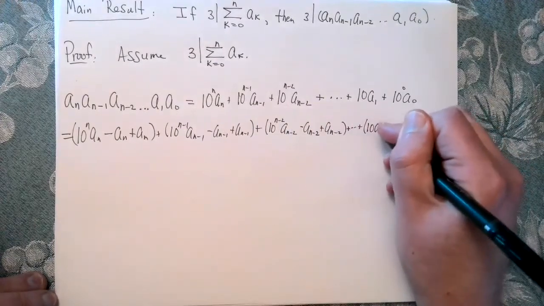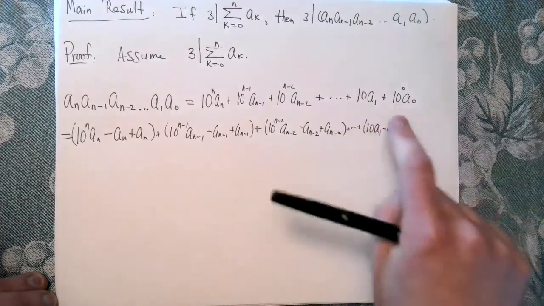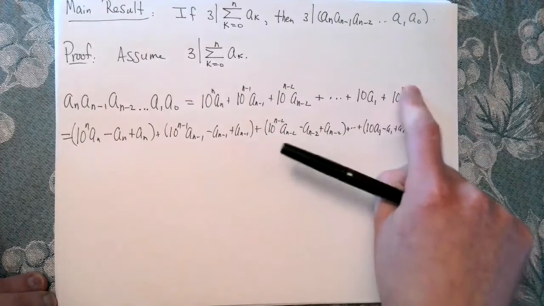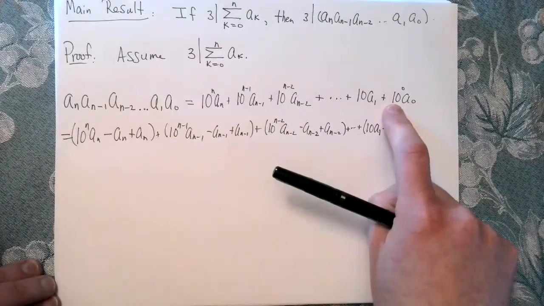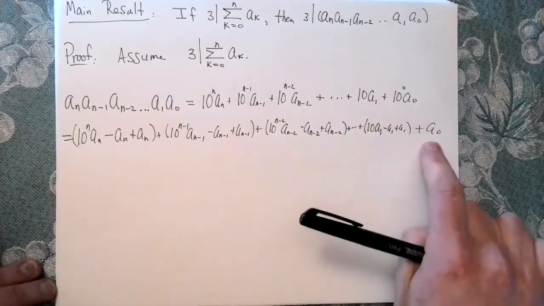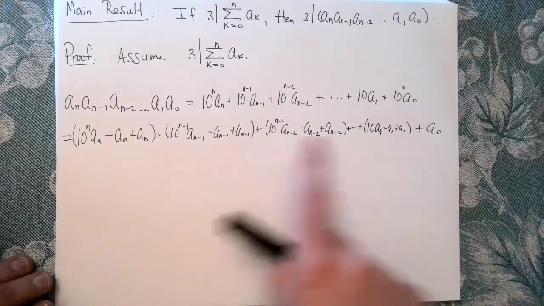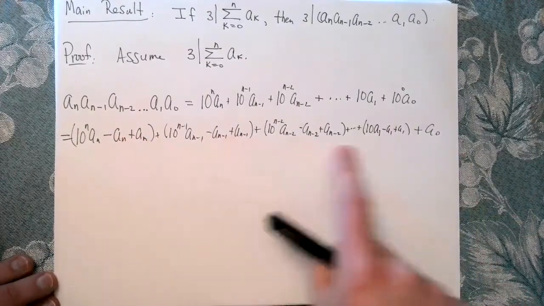So we've got minus a_1 plus a_1. And here I could just think about this as a_0. I actually don't need to think about this as 10 to the 0. So here I just have a_0. And we'll see why that's fine in a moment. Okay, so lots and lots of auxiliary terms.